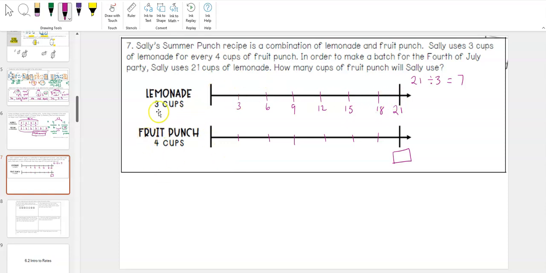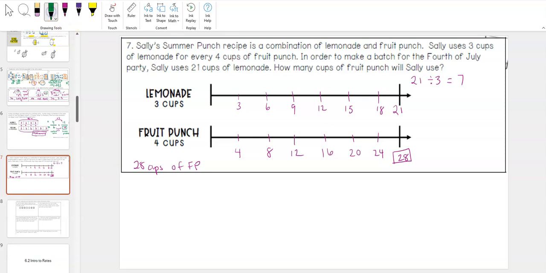However, I'm not going to skip count by 3s like I did for lemonade. I'm going to skip count by 4s because that's how many cups of fruit punch: 4, 8, 12, 16, 20, 24, 28. And that's my answer. It's going to be 28 cups of fruit punch.